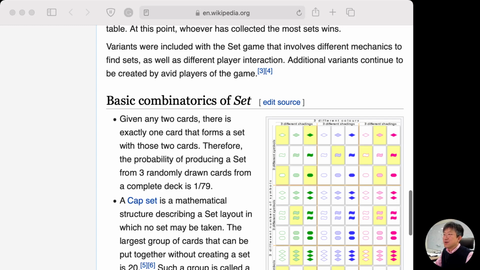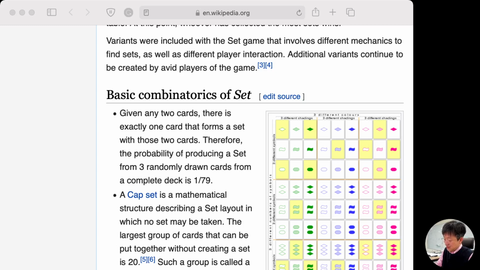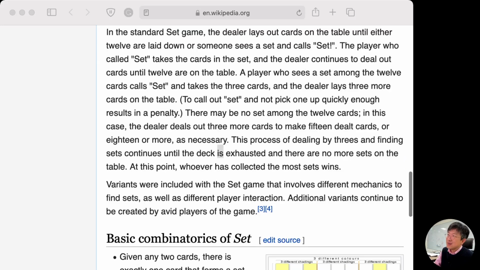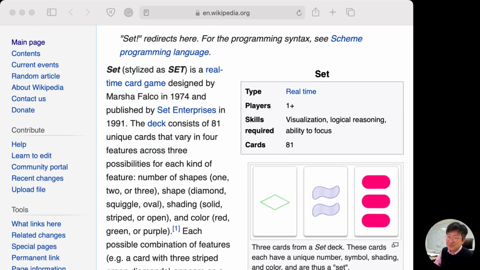Three kinds of shapes, three kinds of colors, three ways of filling these shapes, the color, shape, and shading, whether it's striped or solid, and the number of shapes, 1 or 2 or 3.